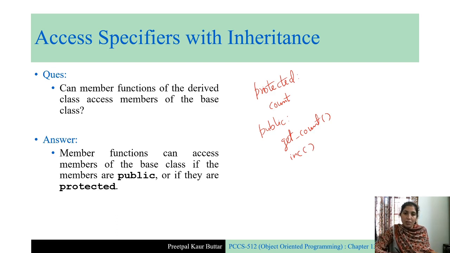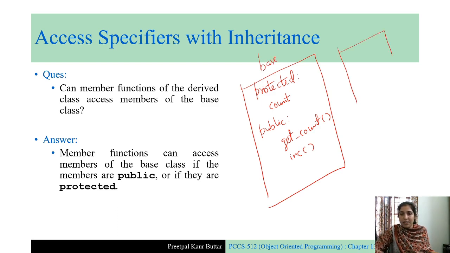These were the members of the base class. This was the base class. And the derived class had the member function decrement, but by virtue of inheritance, it inherited count, get count, and increment also.